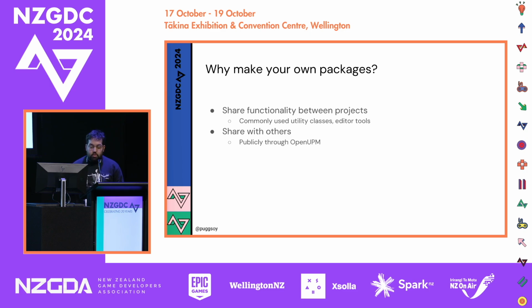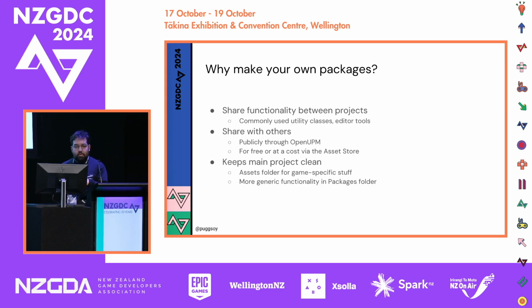You can also do it on an asset store for free or for a cost if you want to sell it. That's also possible. And like I mentioned earlier, it keeps the main project clean because the assets folder is for game specific stuff, and things that are more generic and more general fit nicely into the packages folder.